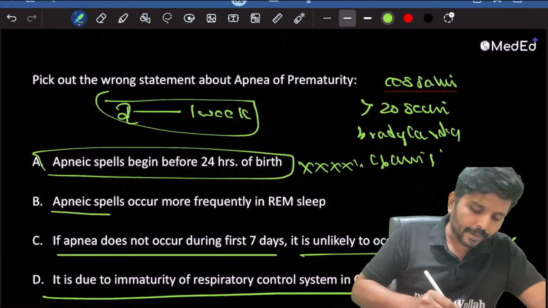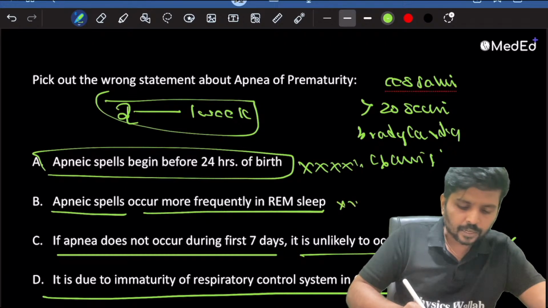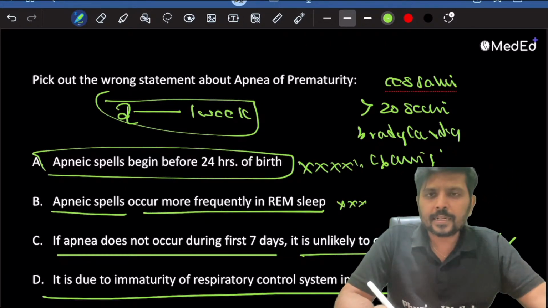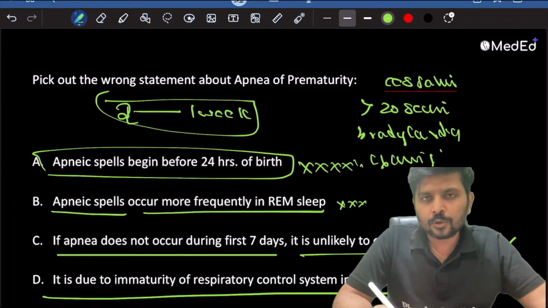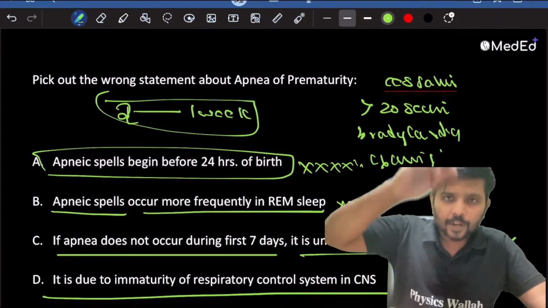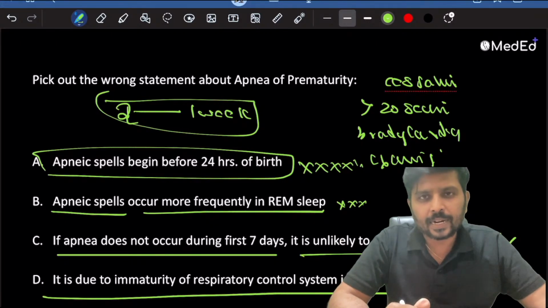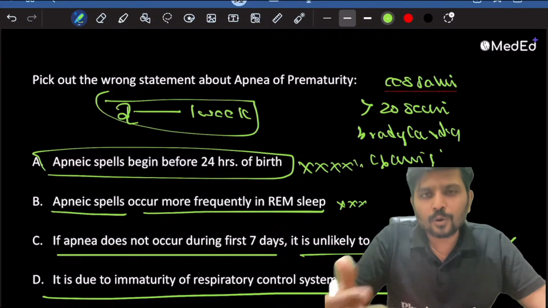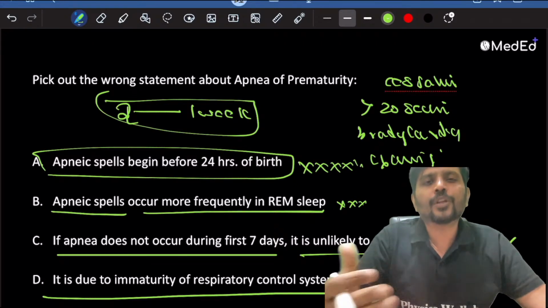Correct. Apnea spells occur more during REM sleep. Why? Because during REM sleep, there are signals from the reticular activating center to the medullary center to reduce the tone. Otherwise, sometimes you will get dreams during REM sleep, and if the tone is not reduced, you will act out your dreams.